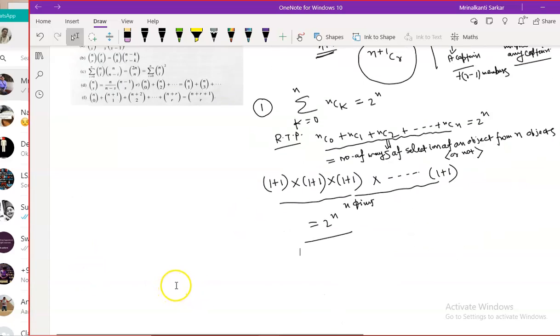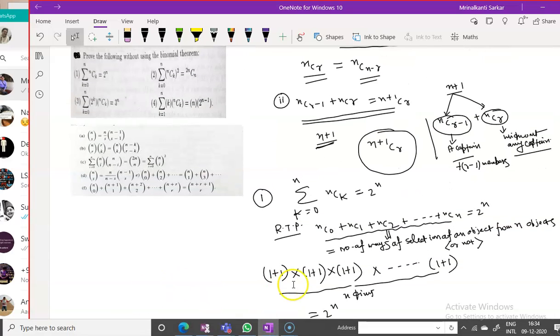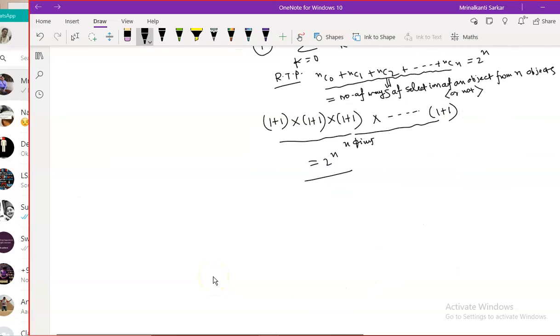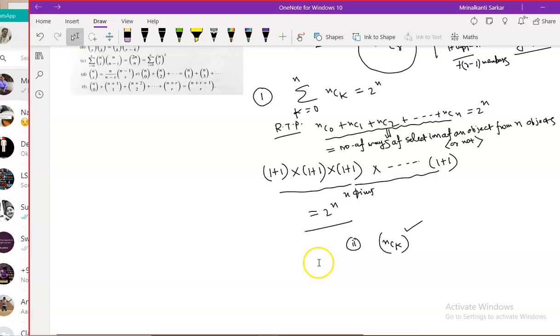Think about the second one. Number 2: the sum of (nCk) whole squared, k equal to 0 to n, equals 2nCn. See how to prove this? Before I tell you anything, just think how it can be proved.